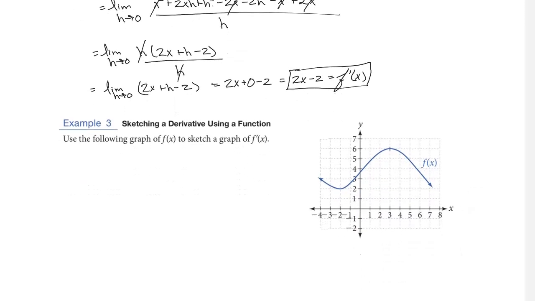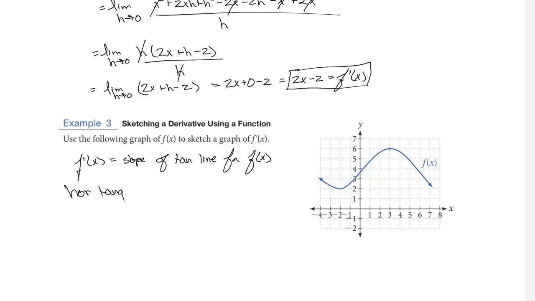Since we know the derivative is the slope of the tangent line, we could use a picture of f of x to help us figure out what the picture of the derivative would look like. So we're going to have to analyze this. Remember, this derivative is the slope of the tangent line, and that's for f of x. I'm going to start by finding horizontal tangents.